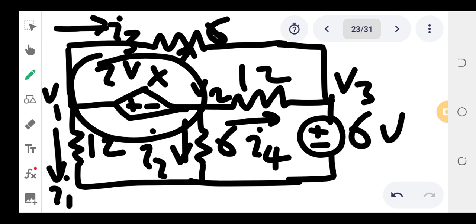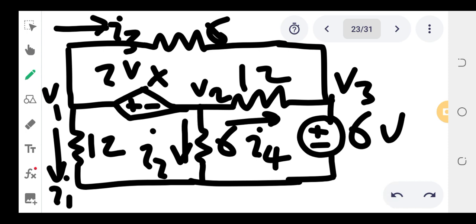All these currents, I1, I2, I3 and I4, are leaving the super node according to the way we have assigned.